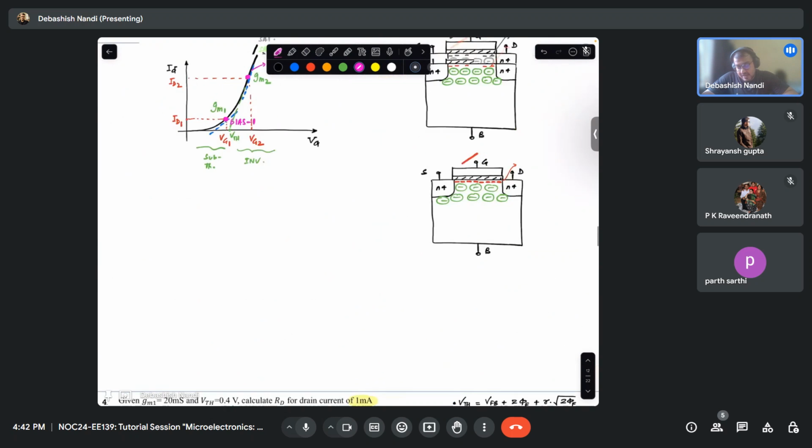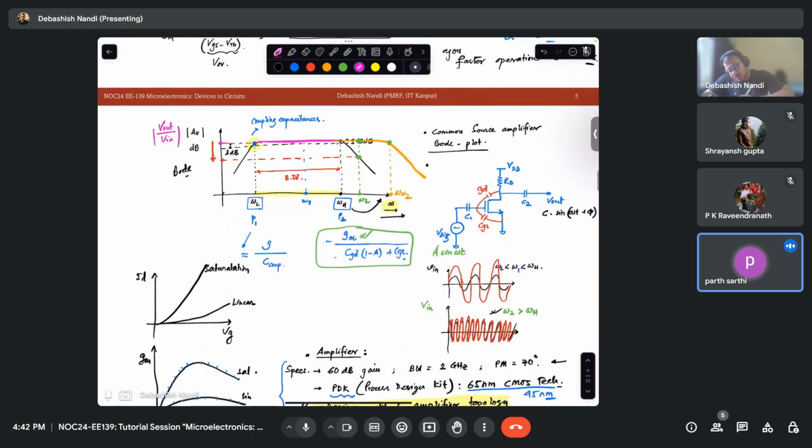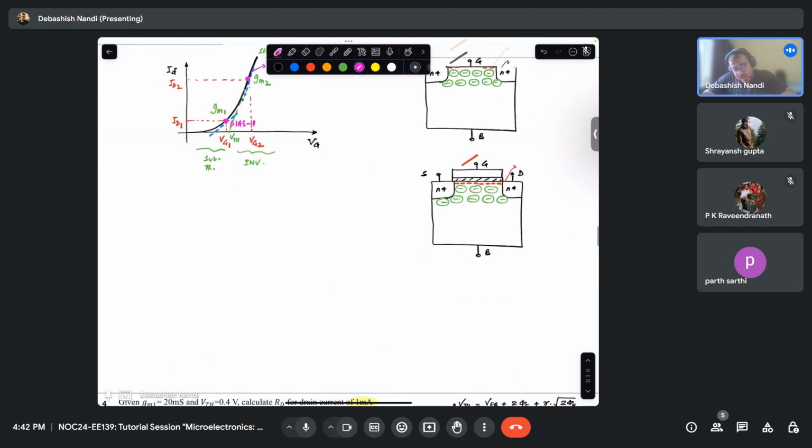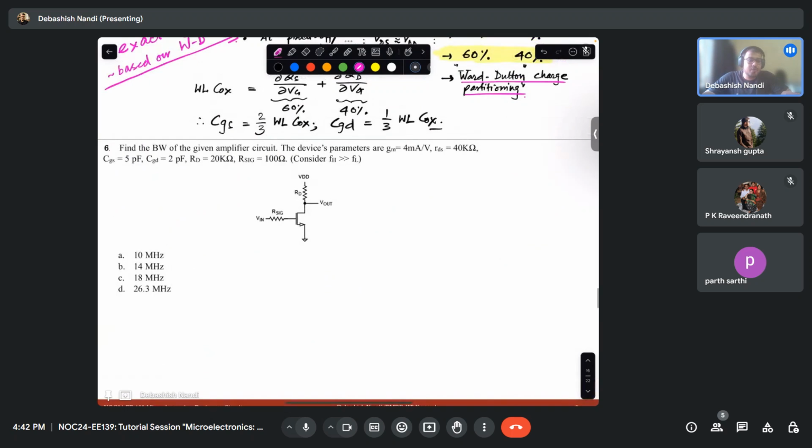Bandwidth is related to determining these two values. The Bode plot may not look like this, I will show you in a short time. This omega L and omega H, basically you need to take into account the capacitances. So how do we solve for bandwidth kind of problems?